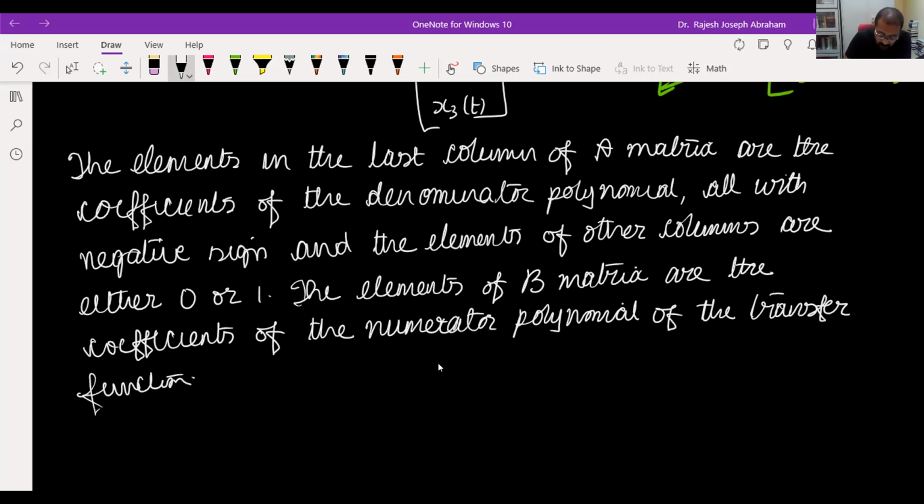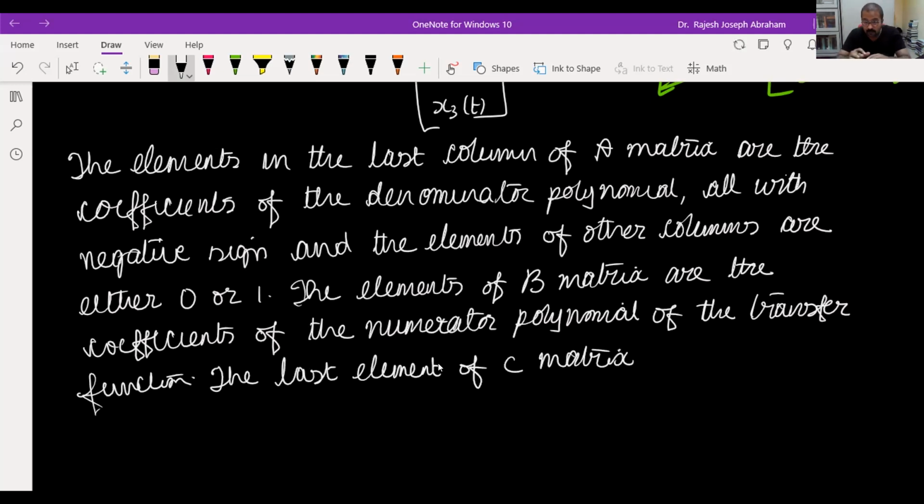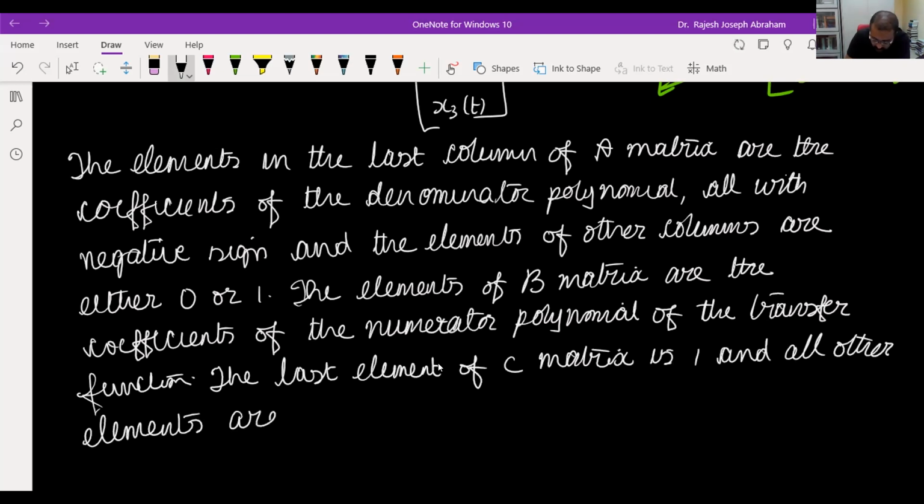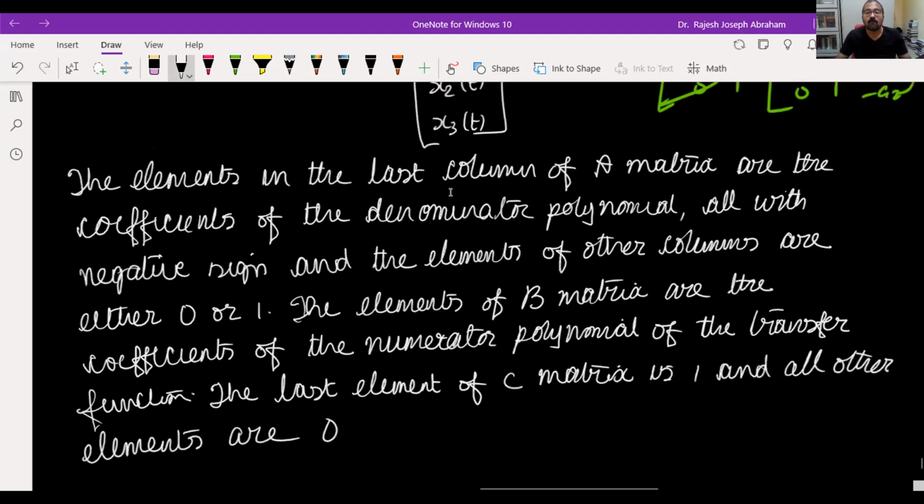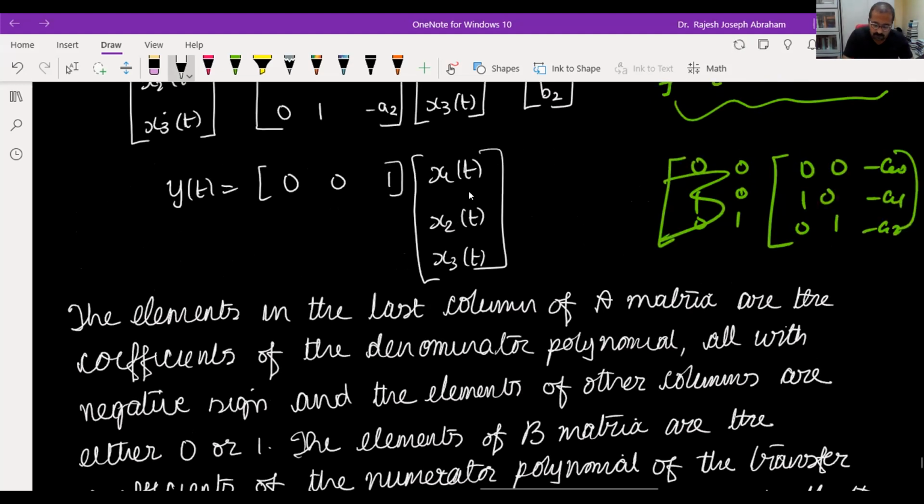And the last element of the C matrix, which is a row vector, is 1, and all other elements are 0. The last element is 1 and all other elements are 0s.